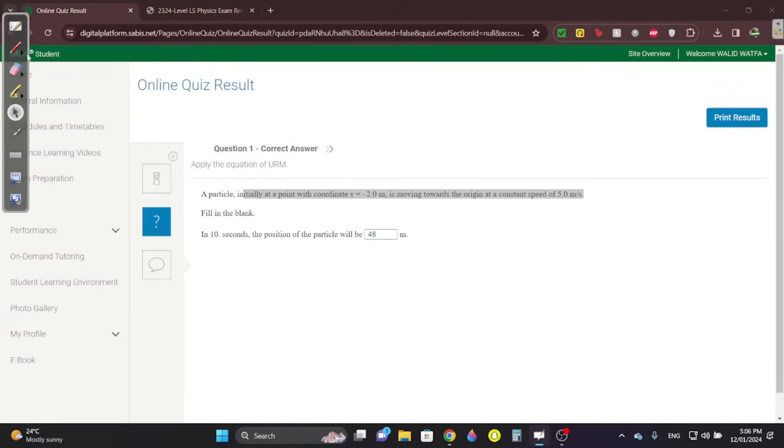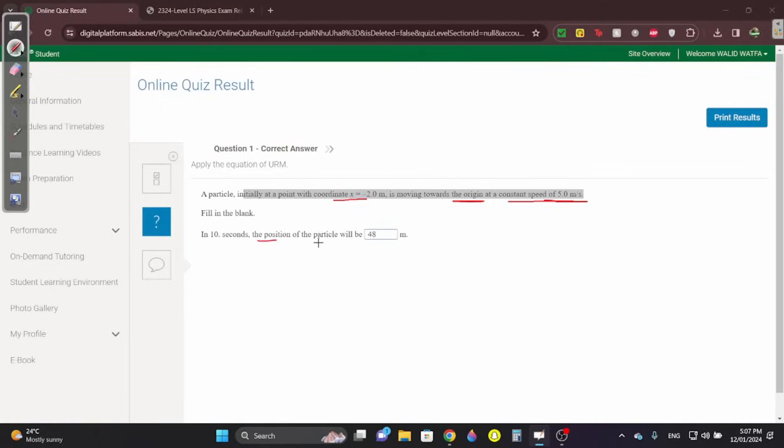The first thing is the particle is initially at a point with coordinate x equals -2, and it's moving at a constant speed of 5 meters per second, moving towards the origin. If it's at -2, moving towards the origin, that means it's going in the positive direction, okay? So it's a positive velocity. Just a note.